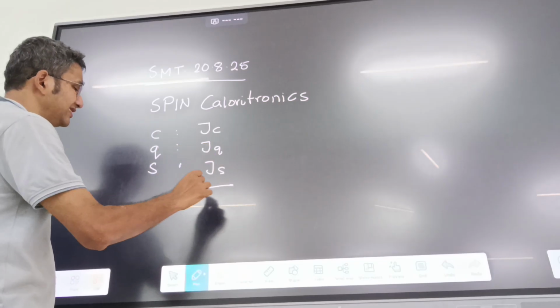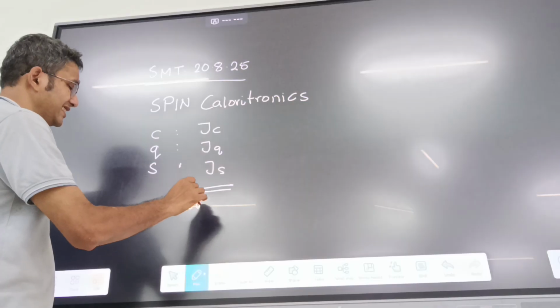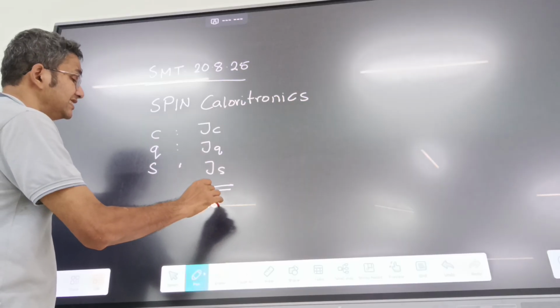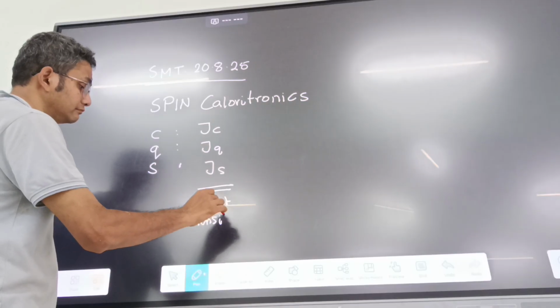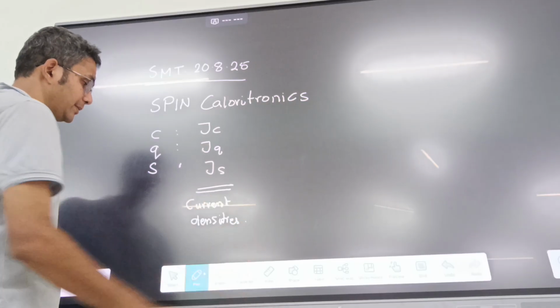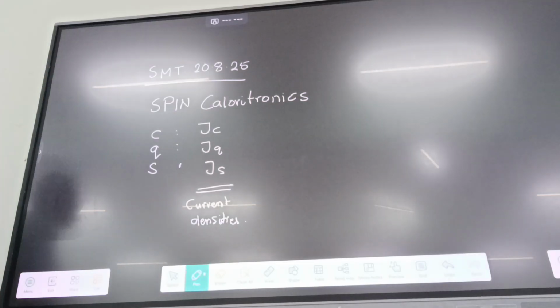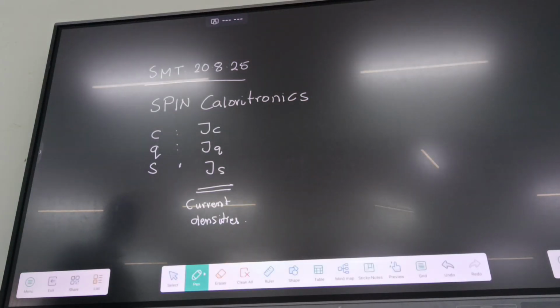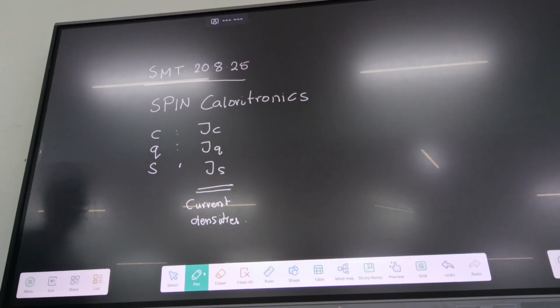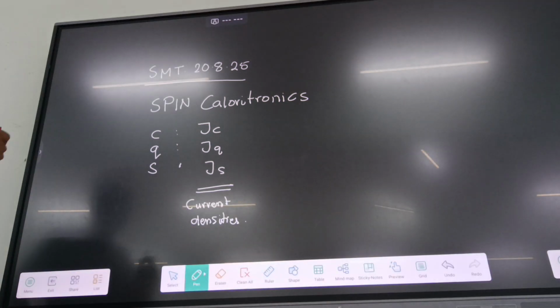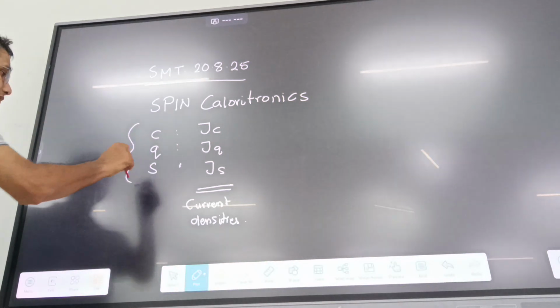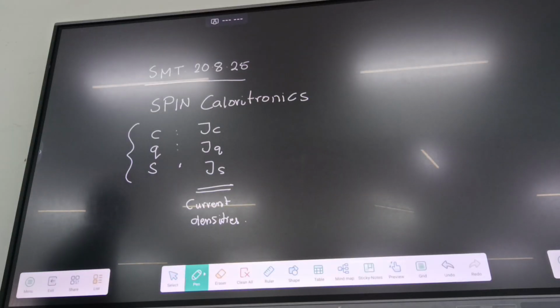So these are all current densities, something which is flowing per unit area. Either it is a charge, or it is the heat, or it is the spin. Now, spin caloritronics says that these three have an interconversion between them.